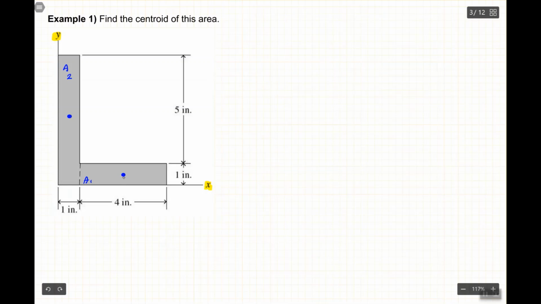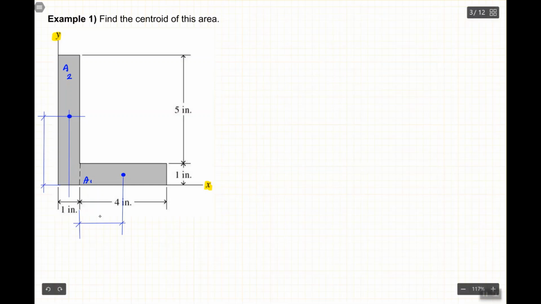So for example, for this one, I know that this distance from here to here must be 2, right? Similarly over here, let's say the whole thing is 6, so then this distance must be 3, and also I know that this distance must be 0.5. Let's write them down before we forget.